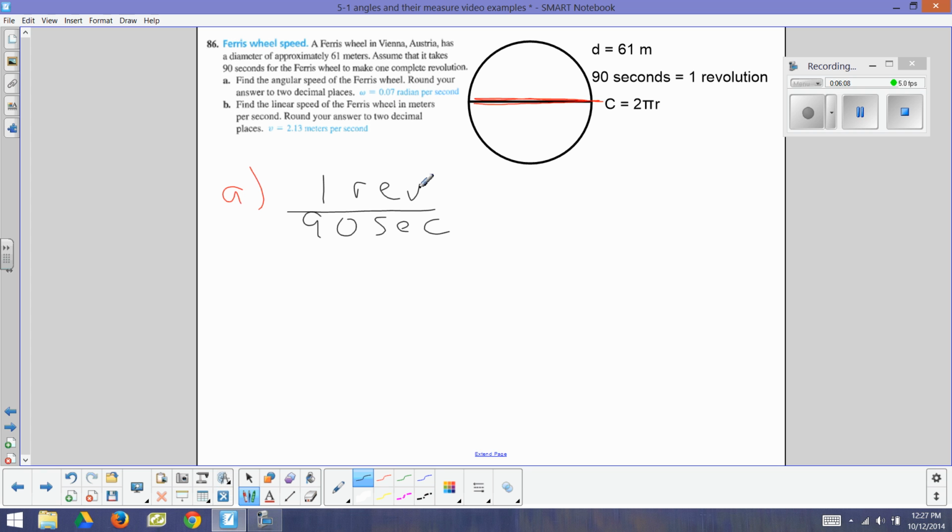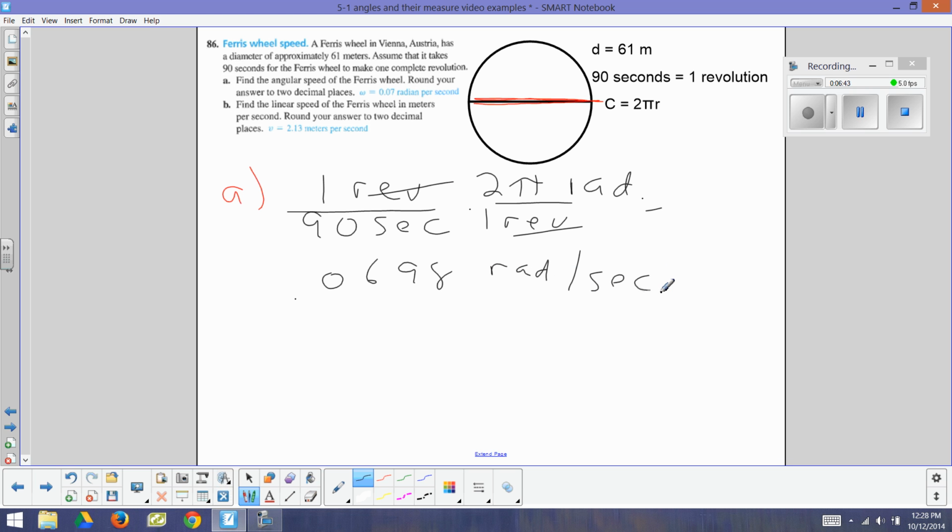Because I want per second, seconds has to go on the bottom. So I know in one revolution, it takes 90 seconds. I know one revolution is 2 pi radians. So pick up your calculator, plug in what you know. You have 2 pi radians on the top and 90 seconds on the bottom. And when you plug that in your calculator, you'll get about 0.0698, and it's radians per second.